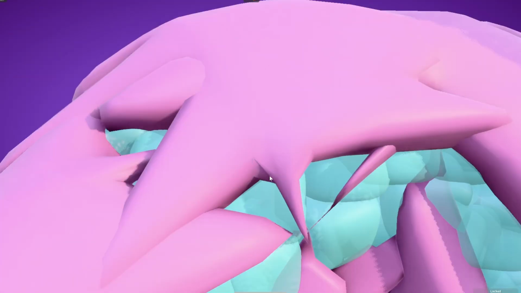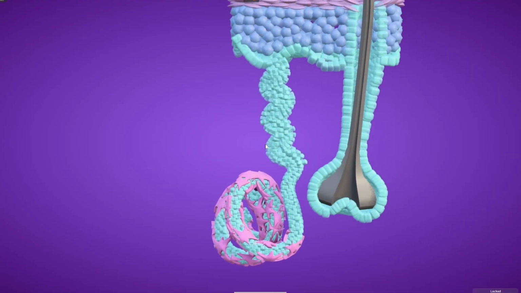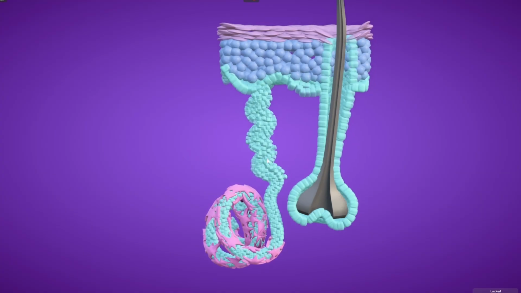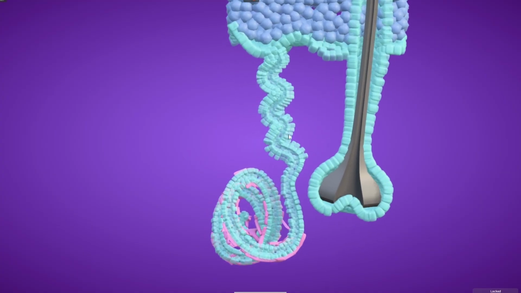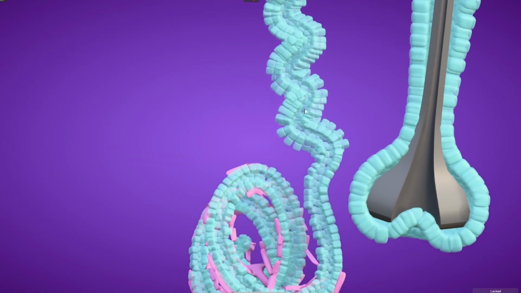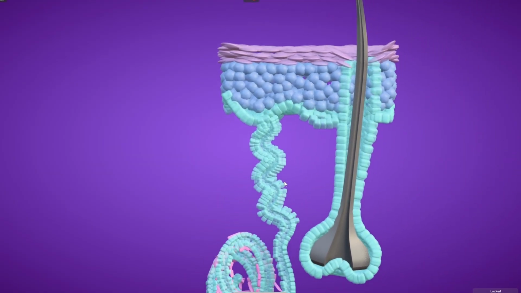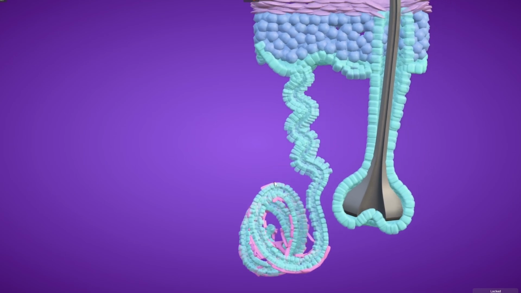These myoepithelial cells have long processes and they cause the gland to squeeze and release the secretions outward into the duct. So then of course, as I've told you, the lumen appears inside it, and that's all. So it's very easy. The embryology is not very difficult.